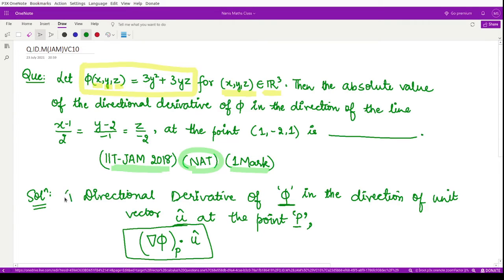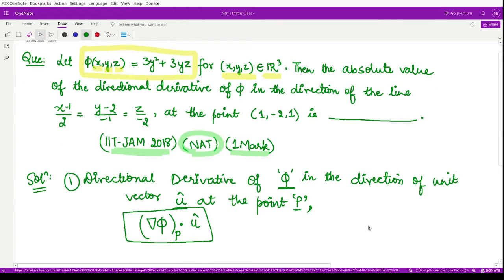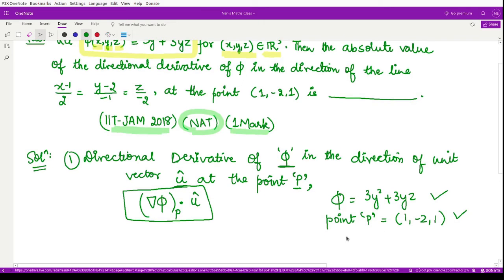Another thing you notice in this question is that phi is given to be 3y square plus 3yz. We are given the point, which I'm calling P, and the point P is given by 1, minus 2, 1. But what about this unit vector u cap?